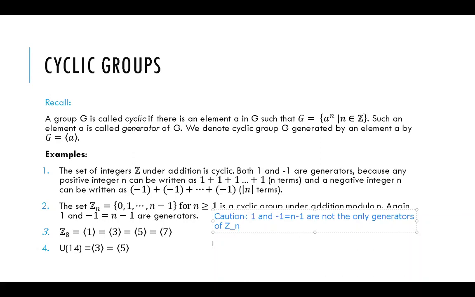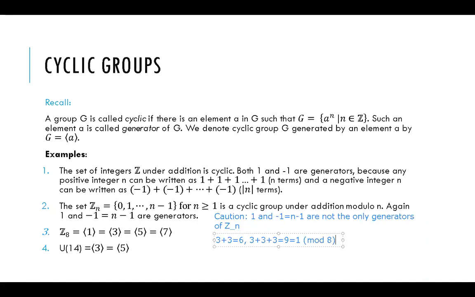3 when added with itself. So we get 3 plus 3 equals 6, which is there in the Z8. Then if I add 3 plus 3 plus 3, then I get 9, which is congruent to 1, right? Because modulo 8, if I divide 9 by 8, then the remainder is 1.